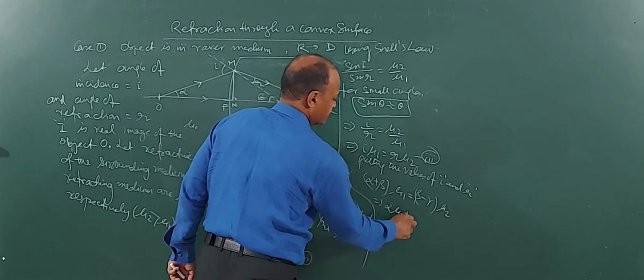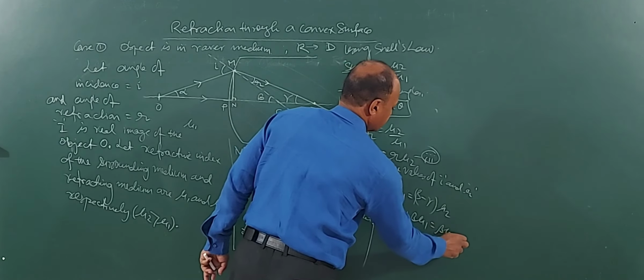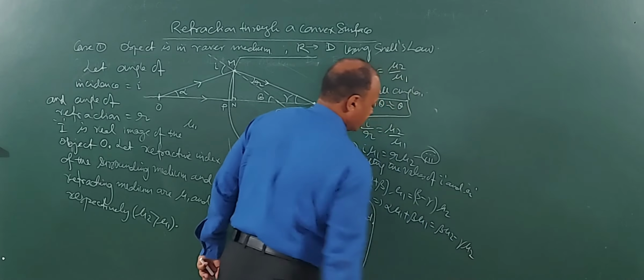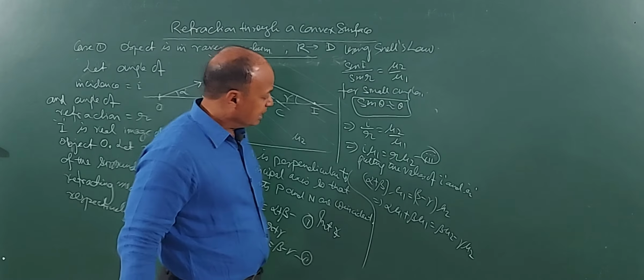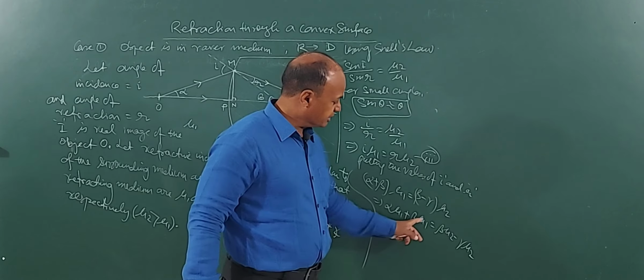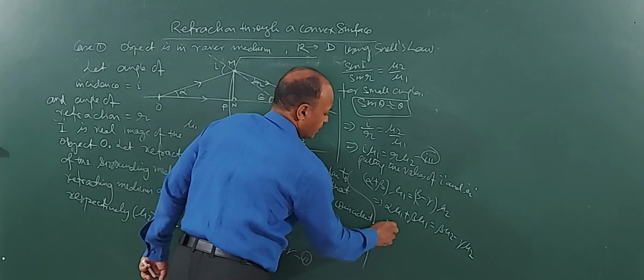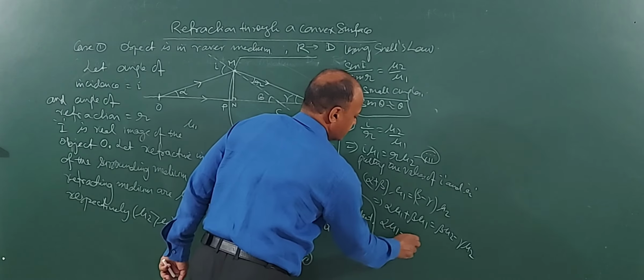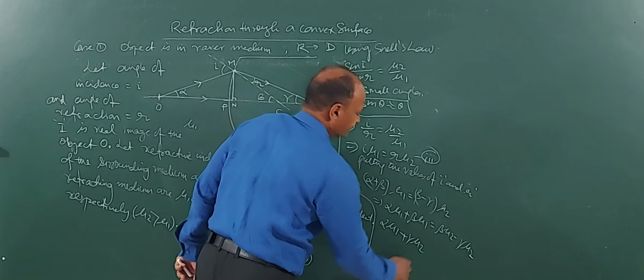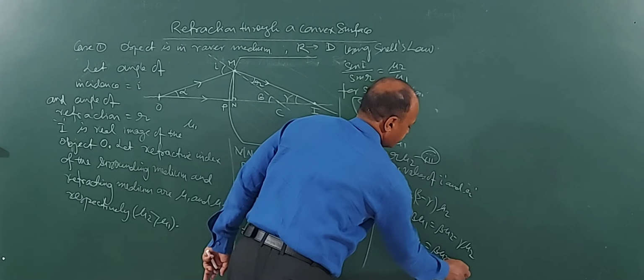Alpha mu 1 plus beta mu 1 is equal to beta mu 2 minus gamma mu 2. I will bring this gamma term on the left, so it becomes positive, and I will take beta term on the right. So what do you get, children? Alpha mu 1 plus gamma mu 2 is equal to beta mu 2 minus beta mu 1.